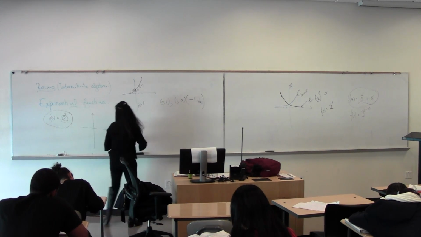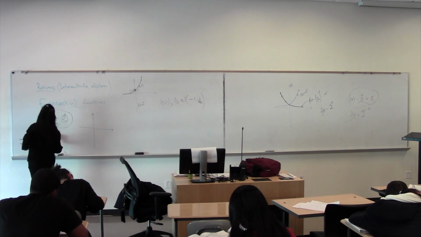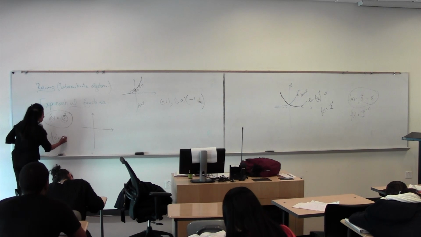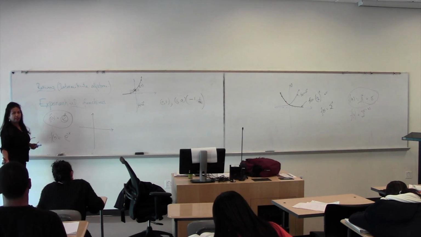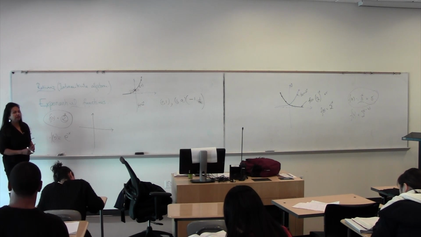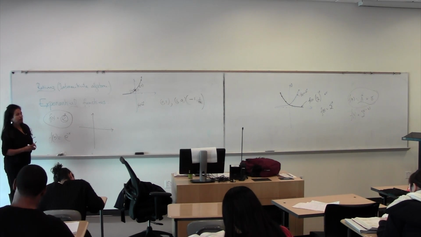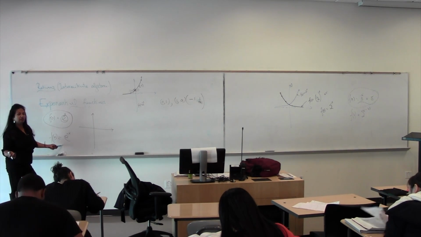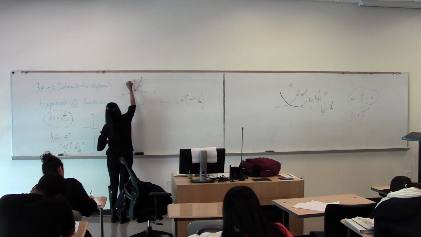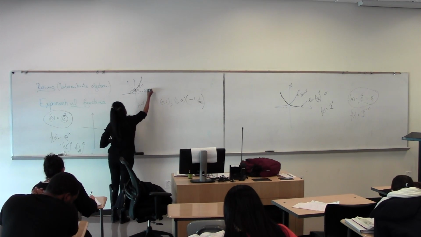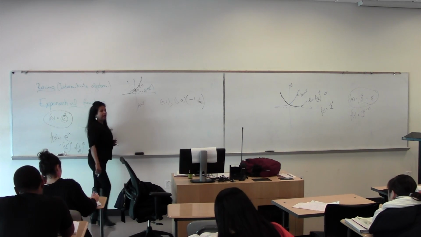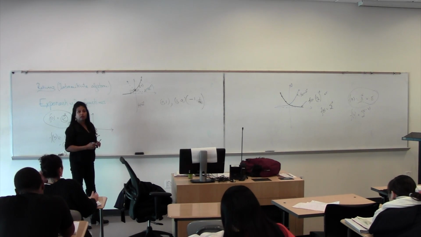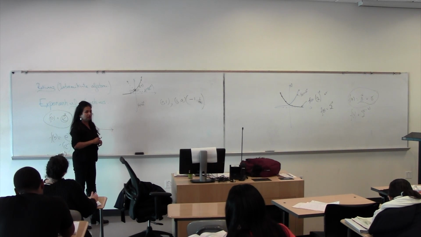Okay, now if I say f of x is equal to e to the negative x, do we know how to graph this? Yes. What do you need to do? We did a similar one like this with 2. This is e to the negative x. Okay? Questions?